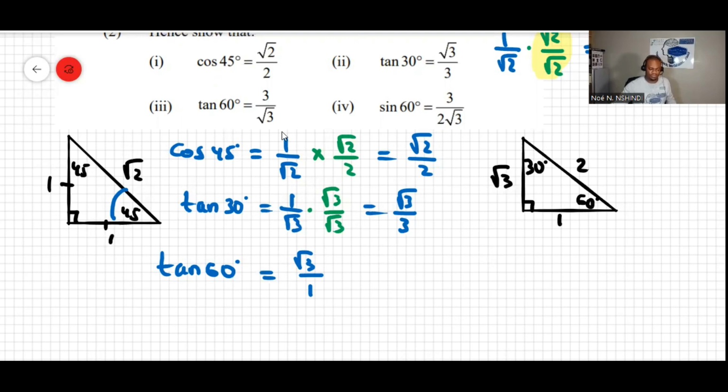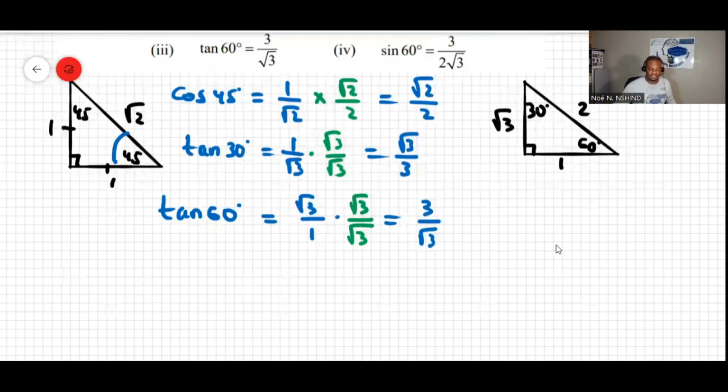So what can we do here? I can multiply this one by root 3 over root 3, and then this will make 3 over root 3. It's proven as the question asked, even though it's not a rationalized form, but I'm answering the question.